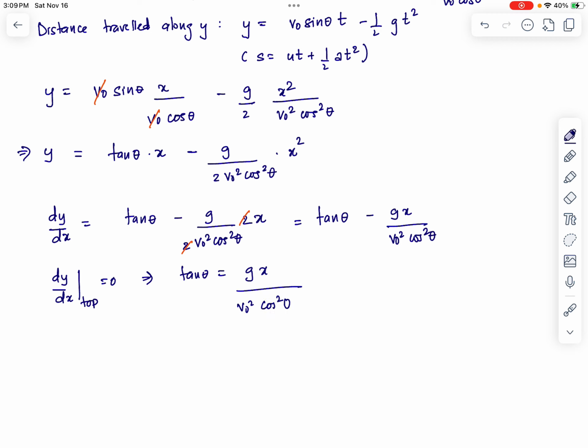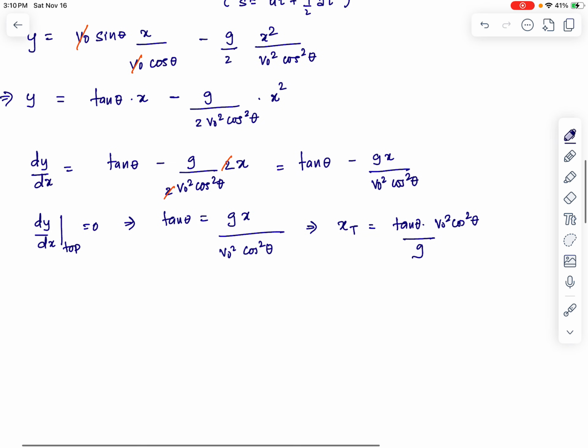So x at the top is essentially tan theta times v0 square cosine square theta divided by g. This comes out to be v0 square sine theta cosine theta divided by g.